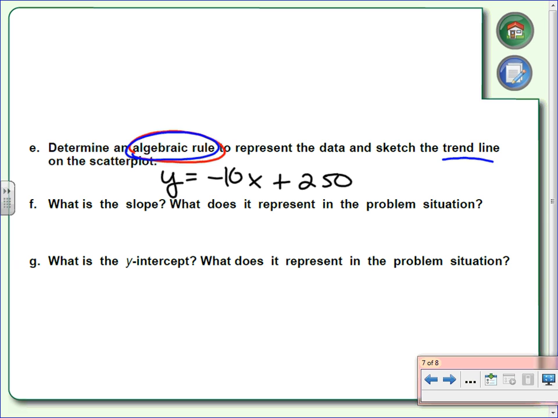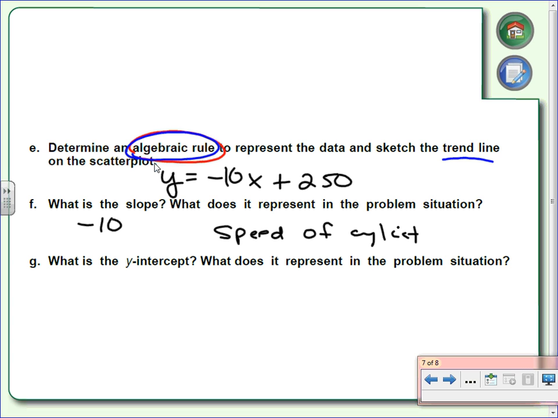Letter F here says, what is the slope? Which one of these numbers in the equation is the slope? Negative 10. And it represents what? I just told you what it represents. It represents how fast he's going. It represents his speed. It's the speed of the cyclist.